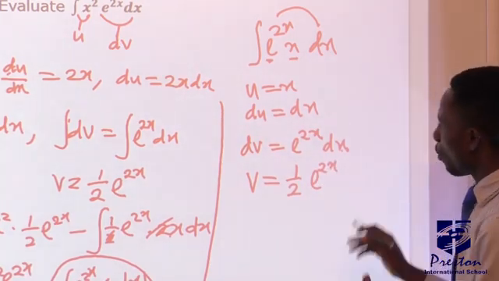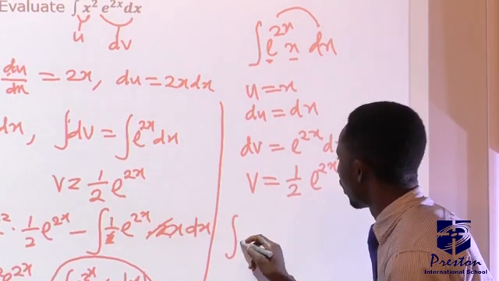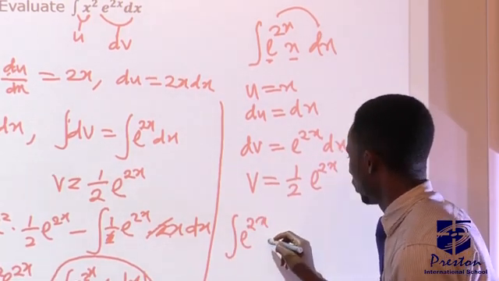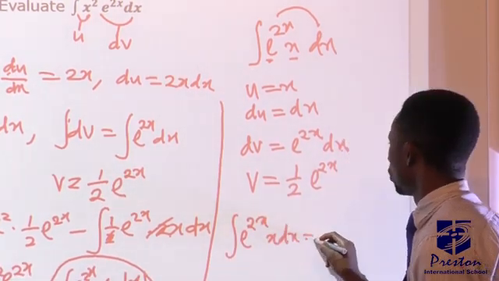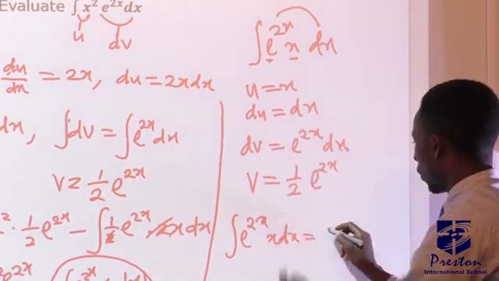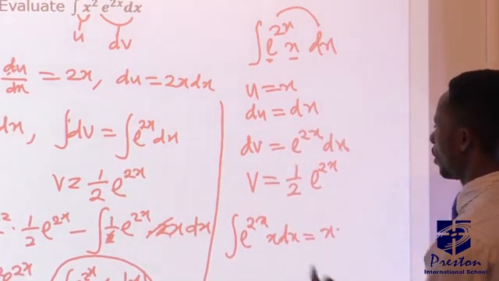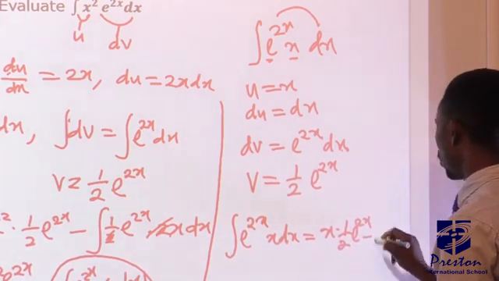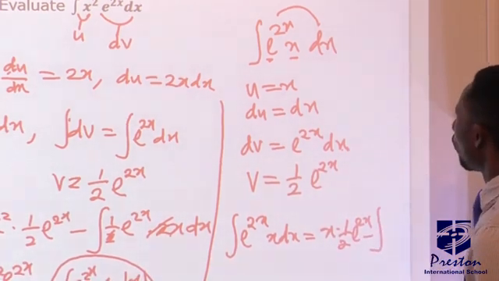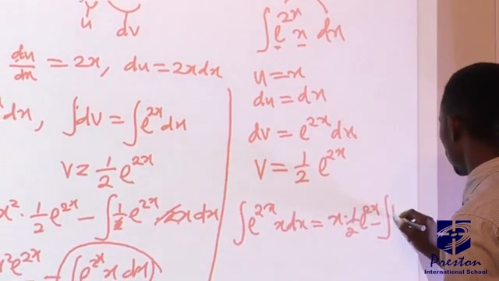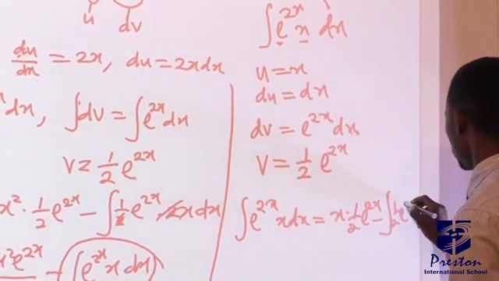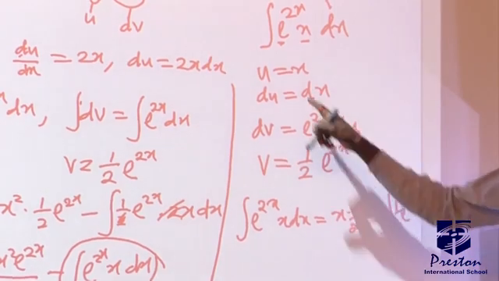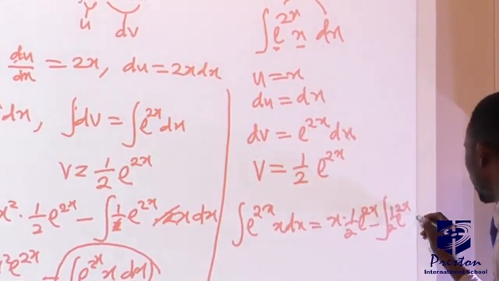And at this point we have the integral of e to the 2x x dx equal to u, which is our x, times v, which is our 1 over 2 e to the 2x, then minus the integral of v, which is 1 over 2 e to the 2x, times du, which is dx.